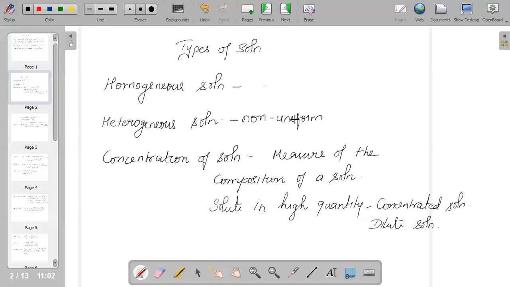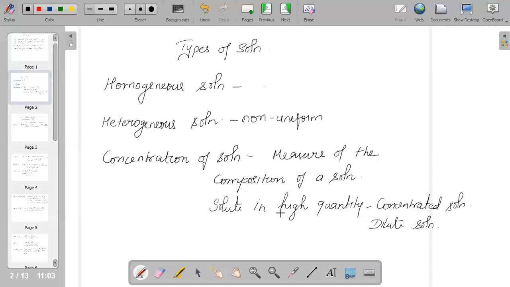But the most important part of this chapter is concentration of the solution. Concentration is a measure of the composition of a solute in a solution. If it has a relatively large quantity of solute, you call that a concentrated solution.